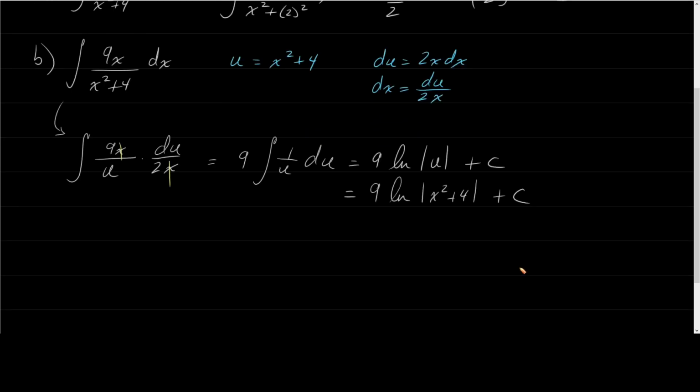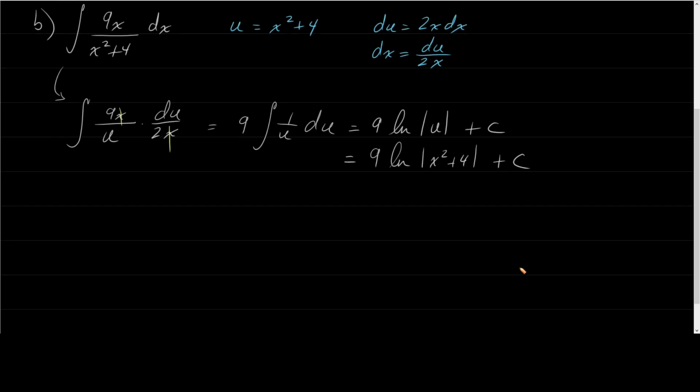Let's look at another one that looks still very similar. All right, so this is going to be example C. Let's say I had the integral of 9x squared over x squared plus 4 dx. Now in here, what you'll note is that these are both polynomials.